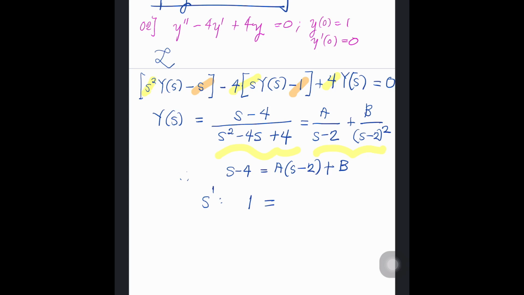The coefficient of s to the 1 at the left side is 1. On the other side, it's A. So therefore, we have the value of A already.